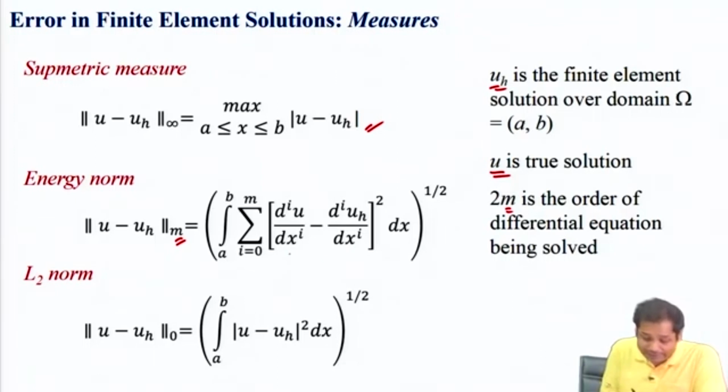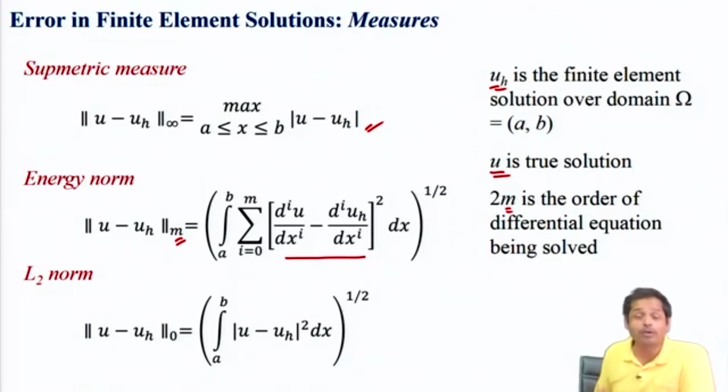Now, this is on the derivative of this variable, and the order of the derivative is same as we have in the weak formulation. So this measure is defined on that.